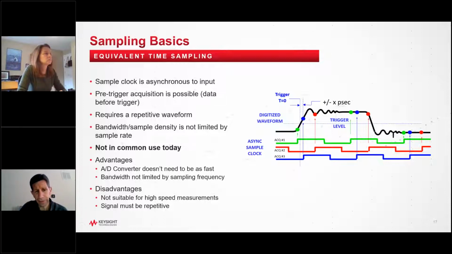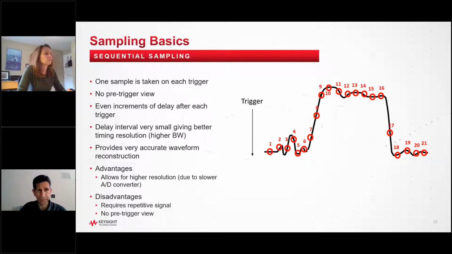So again, some of the advantages and disadvantages you see on the left side here. But one of the biggest disadvantages, it's really not suitable for high-speed measurements, and that's where sampling oscilloscopes come in, which is on the next slide.